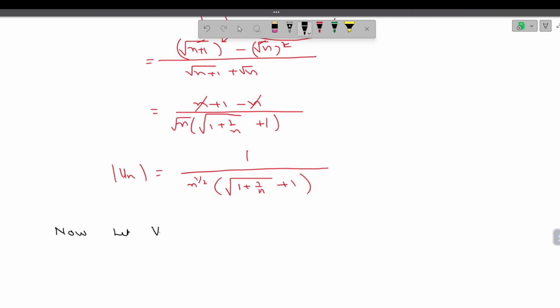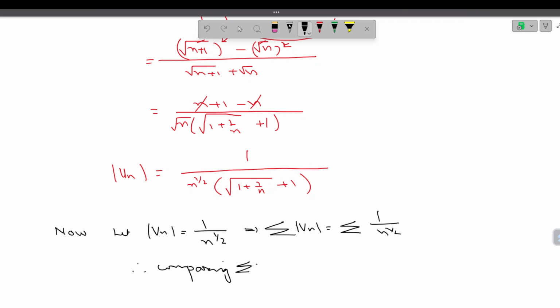Now let vn equal to 1 by n to the power of 1 by 2. That means summation mod of vn equals summation 1 by n to the power of half. Comparing mod of vn with the p series: what is the p series? Summation 1 by n to the power of p.